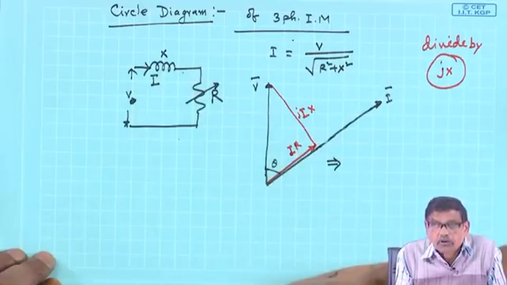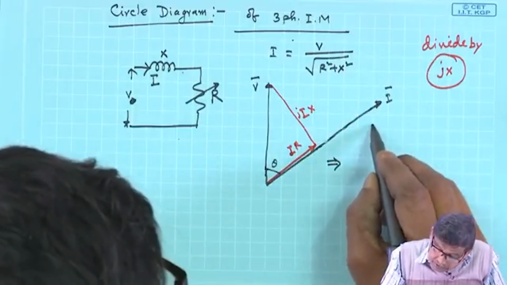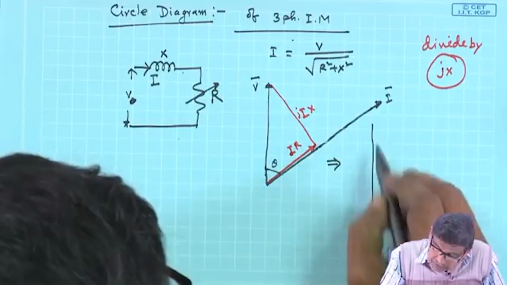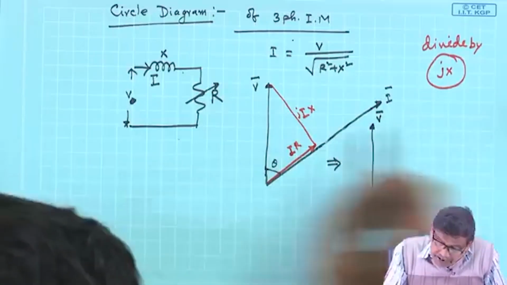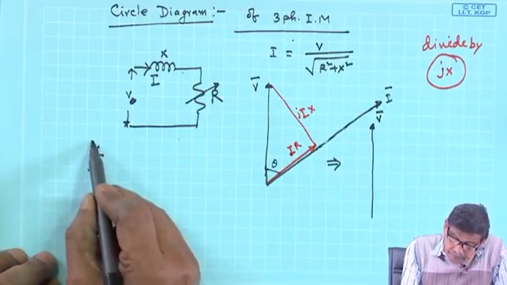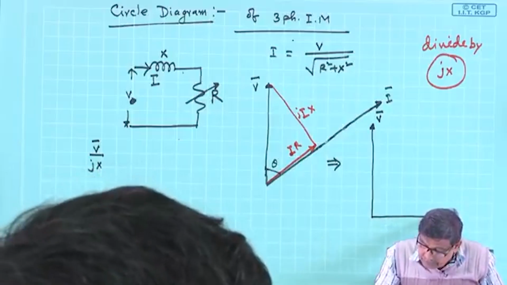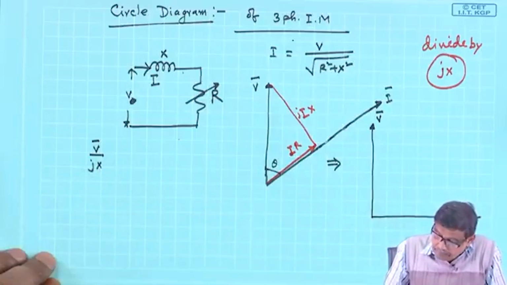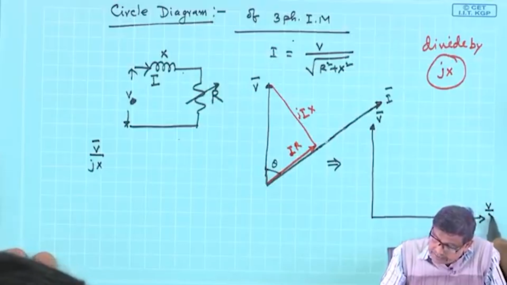and it will be rotated 90 degrees clockwise. So this was your original V, that I will draw, no doubt, but this V by jX will now be here, 90 degrees. This is V by X, jX.